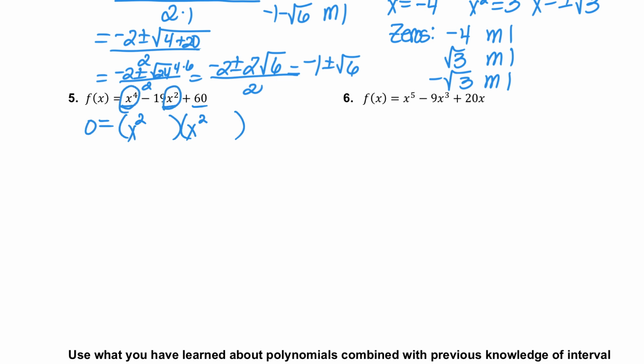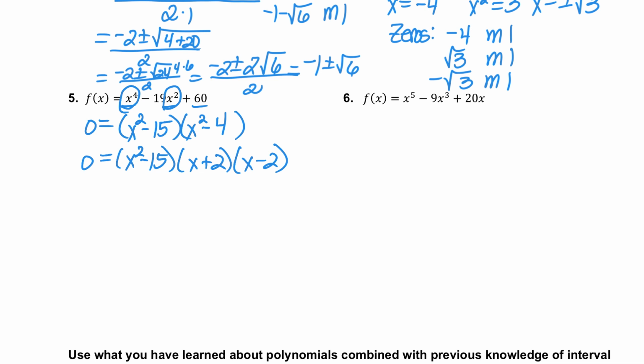Your factors of 60, I need them both to be negative to get a positive 60 when I'm multiplying, and a negative when I add the outer and the inner. Okay, so that's going to be 15 times 4 would give me 19. Okay, I can factor x squared minus 4. This is going to be x squared minus 15 times x plus 2 times x minus 2.